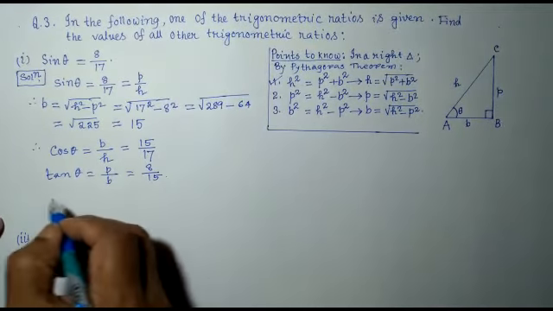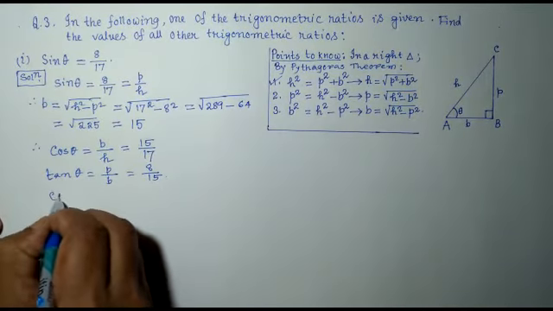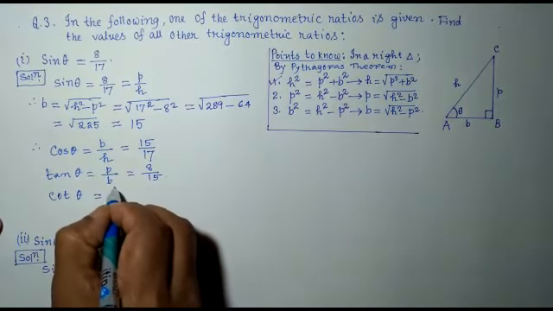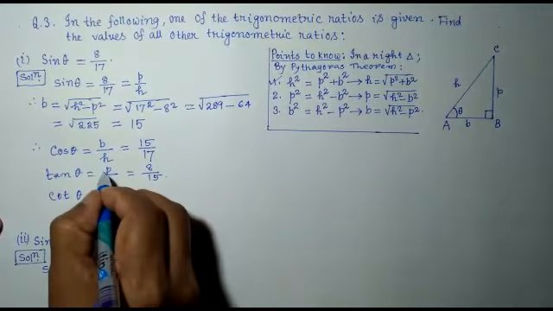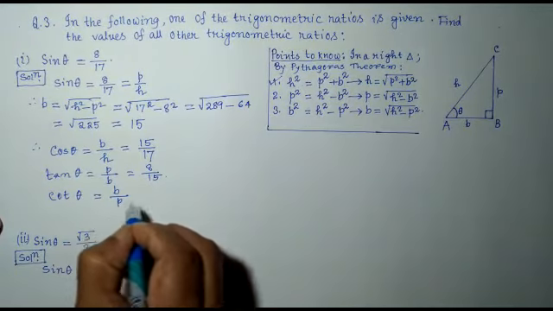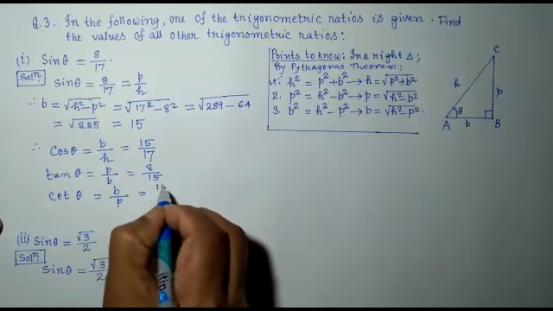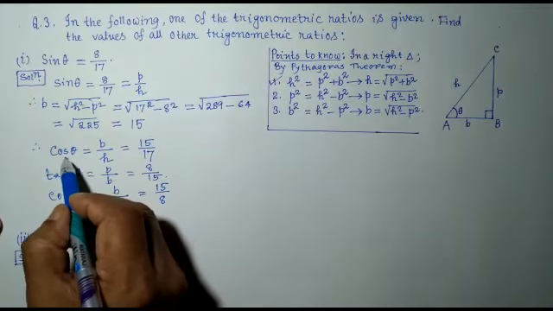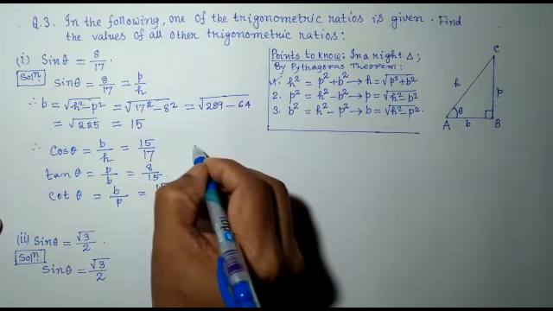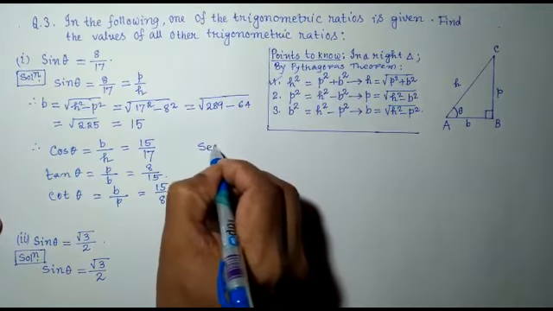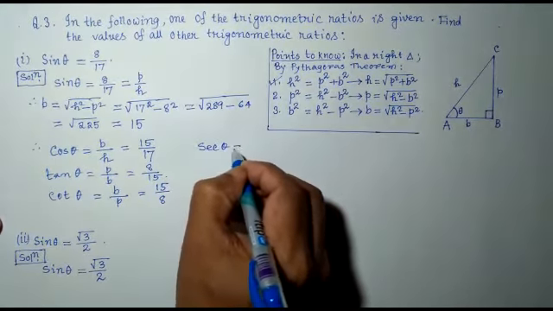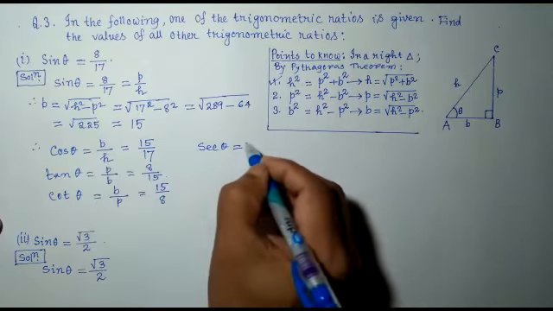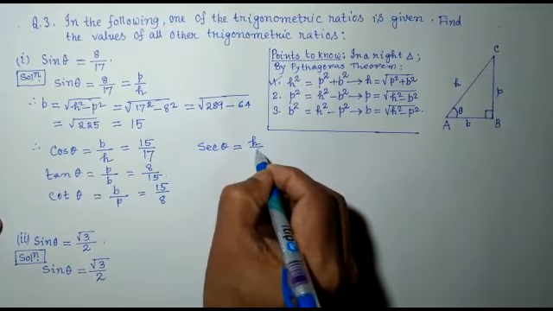And then the reciprocal of tan theta is what? Cot theta. Cot theta is, here base is up and perpendicular is down. So we can write 15 by 8. And now the reciprocal of cos theta, here I write sec theta. Sec theta is the opposite of this cos. Hypotenuse is up, base is down. H by b.